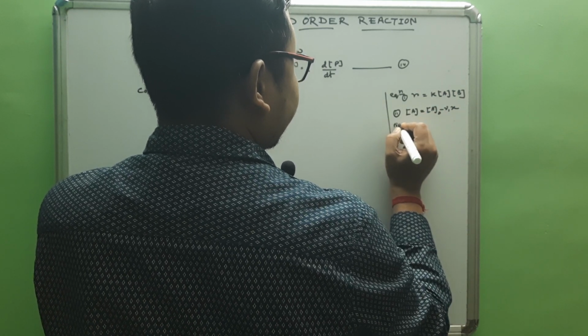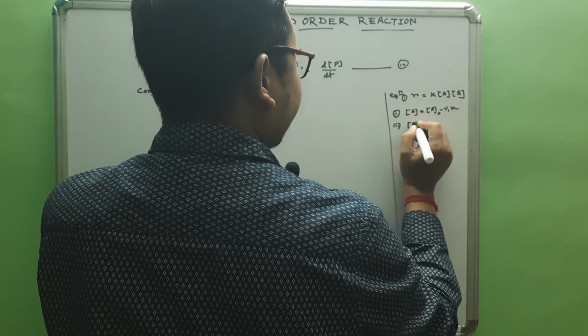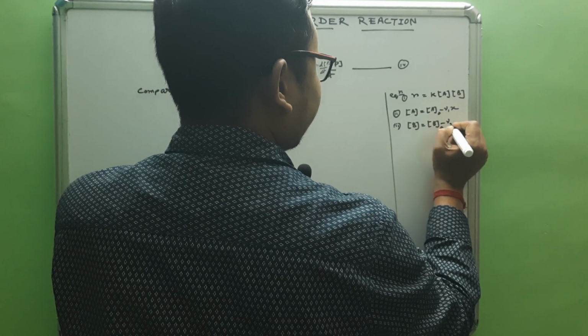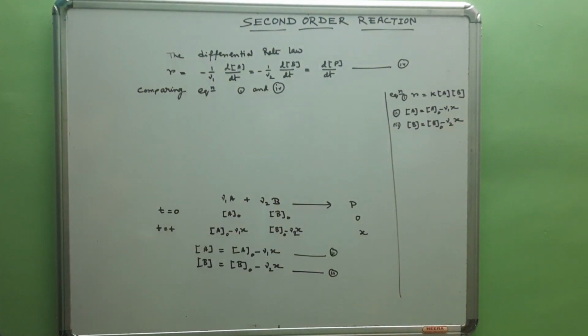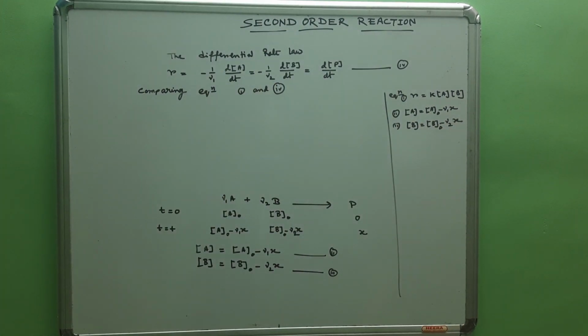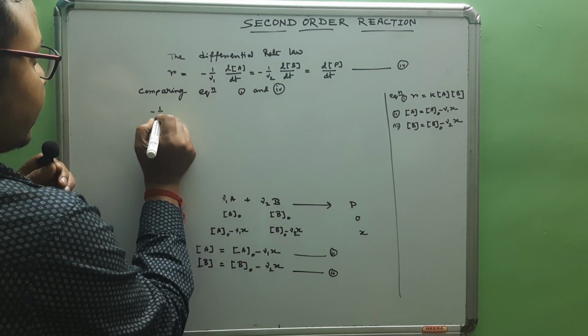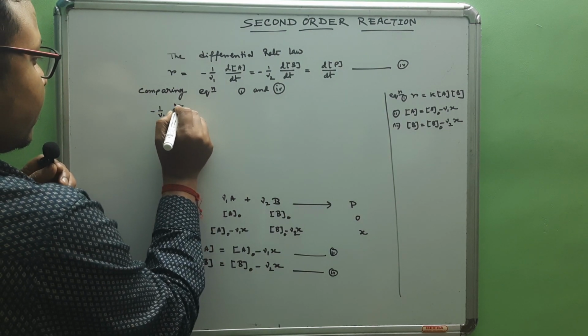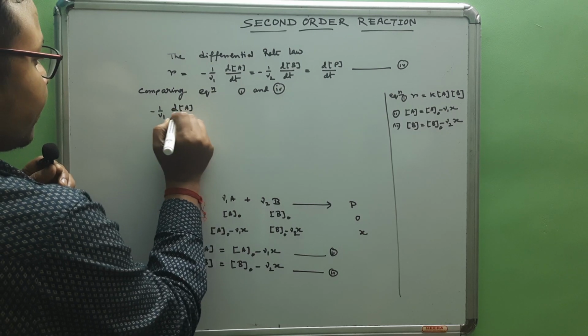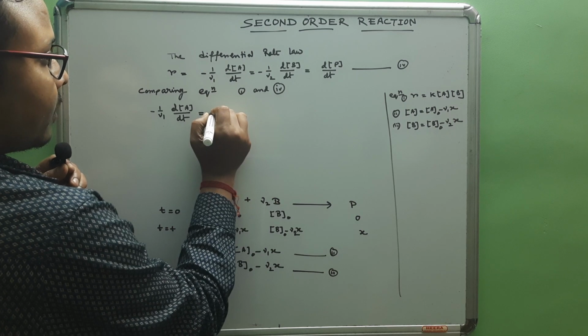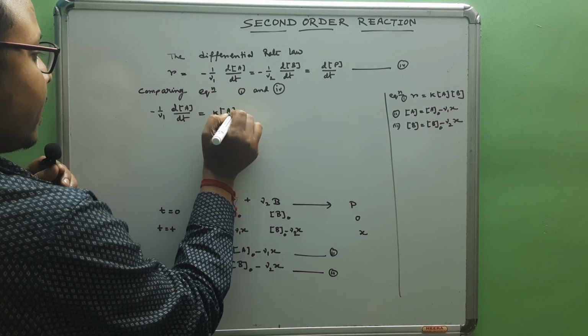What was our equation 3? B equals B0 minus nu2 x. All these equations I sum up at the right hand side of the whiteboard. So comparing equation 1 and 4, we have minus 1 by nu1 dA by dt equals k into A into B.